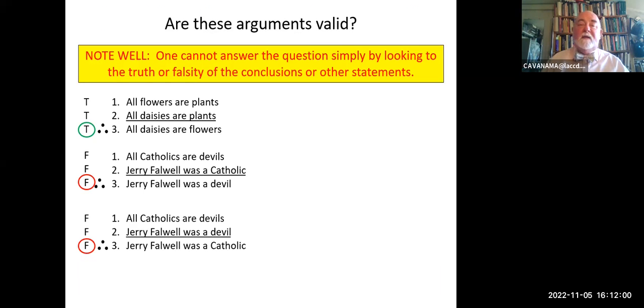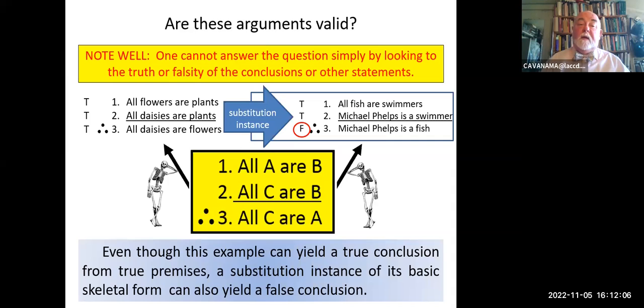Note well, you can't answer this question simply by looking to the truth or falsity of the conclusions, or for that matter, the other statements. Even though this example can yield a true conclusion from true premises, a substitution instance of its basic skeletal form can also yield a false conclusion. We reduce all flowers are plants, all daisies are plants, all daisies are flowers, to its skeletal form: all A's are B, all C's are B, all C's are A. Well, we get the Michael Phelps example again.